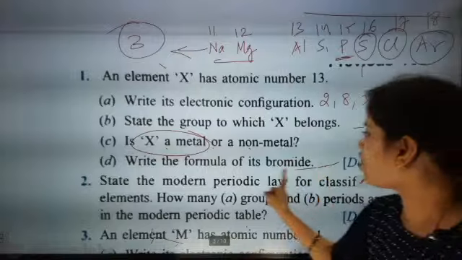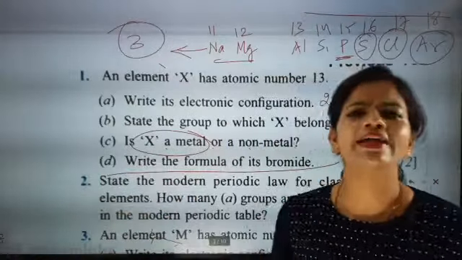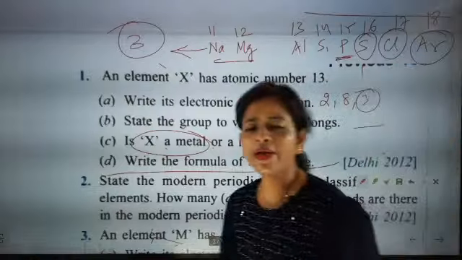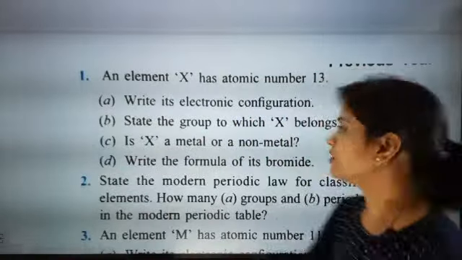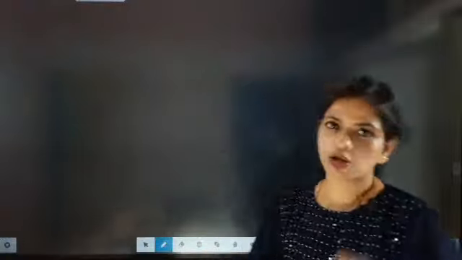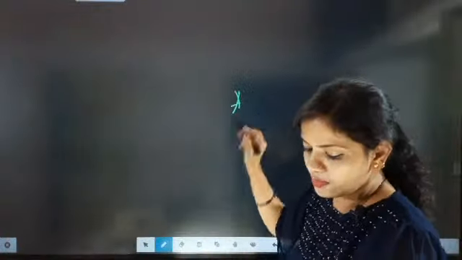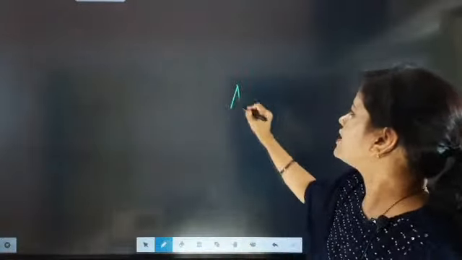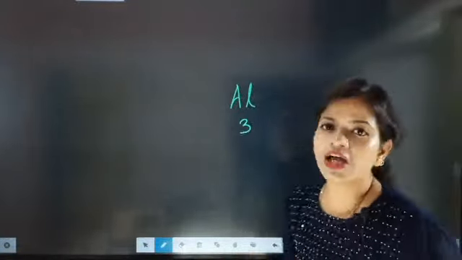Write the formula of its bromide. Aluminium, outermost orbit is 3. Now look here, how to go for the formula. If aluminium is a metal, then it will have 3 electrons in the outermost orbit.